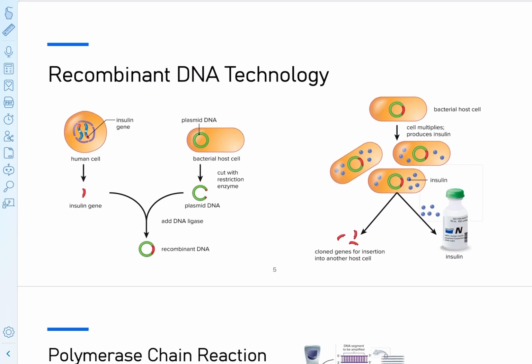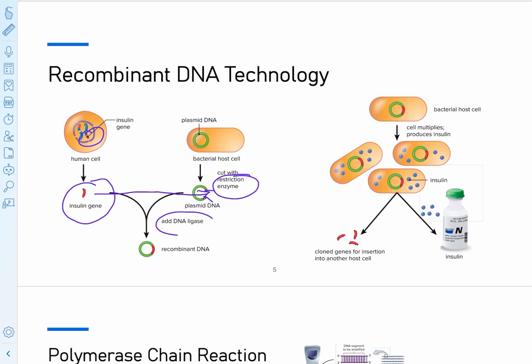So this is just showing you the process. Here's the human insulin gene here. We can clone it. Here's our plasmid, which is going to represent our vector that bacterial cells have. We're going to cut it at specific sites using a restriction enzyme. Then we are going to insert the insulin gene into this plasmid.